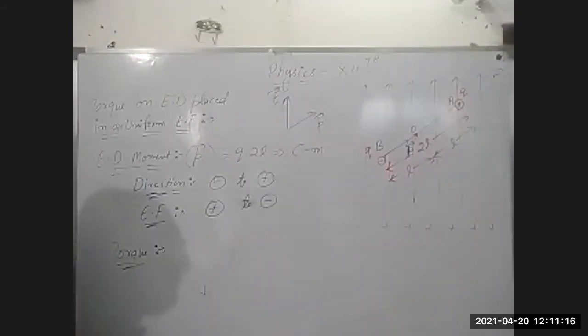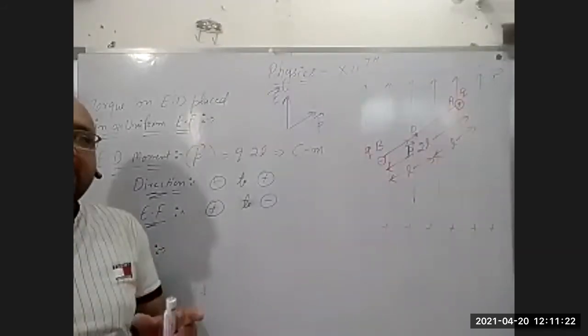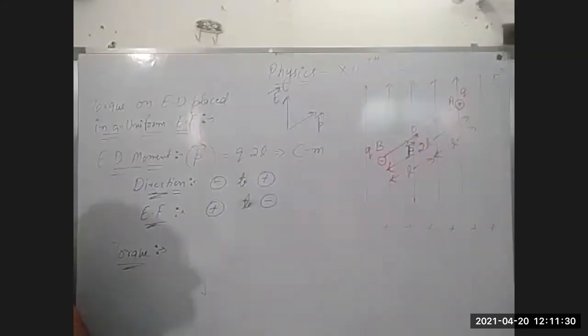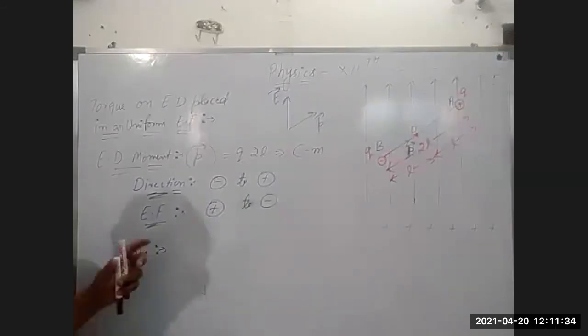Torque is a couple when equal and opposite forces act on an object at its edges when the line of action is different. What is the line of action?